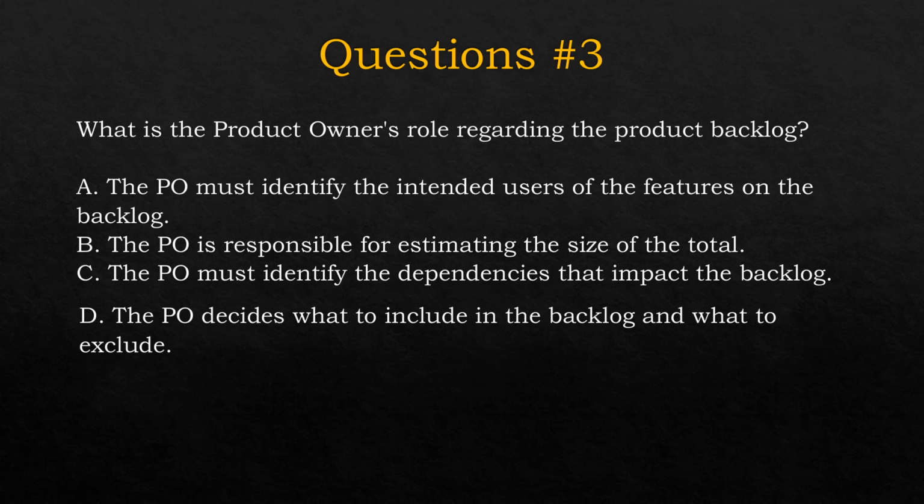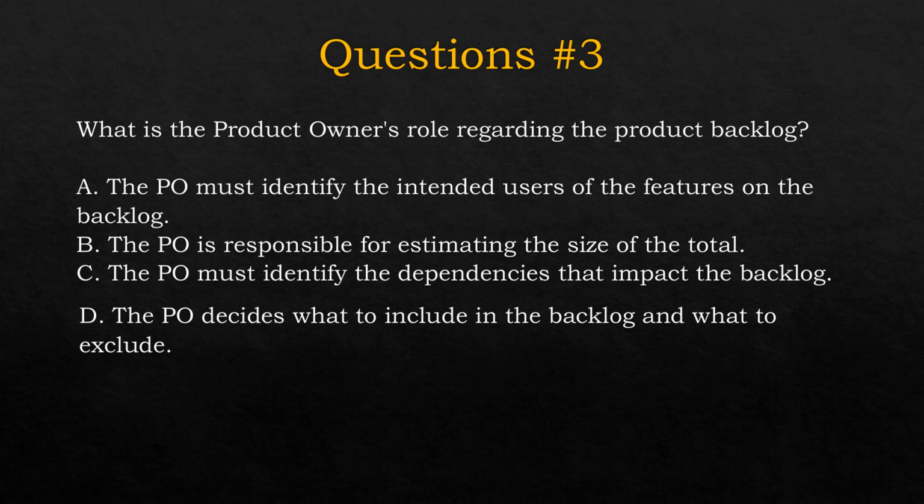Question number 3. What is the product owner's role regarding the product backlog? I'll give you 10 seconds to think, then we will choose the right answer. Let's start with A. The PO must identify the intended users of the features on the backlog. This is not the correct answer, as it is not the product owner's responsibility to identify the users for a particular feature.